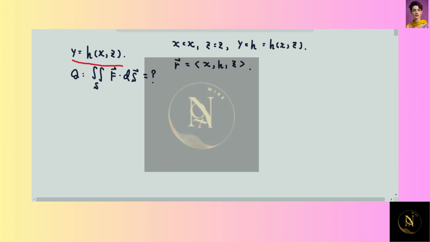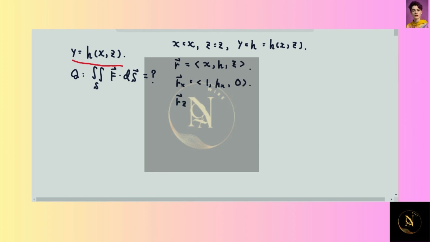To find the normal vector, we need to find the partial derivatives, in this case with respect to x and with respect to z. So r sub x will be 1, and the partial derivative of h with respect to x I will write in shorter notation as h sub x, and there's no z in there, so it will be 0.